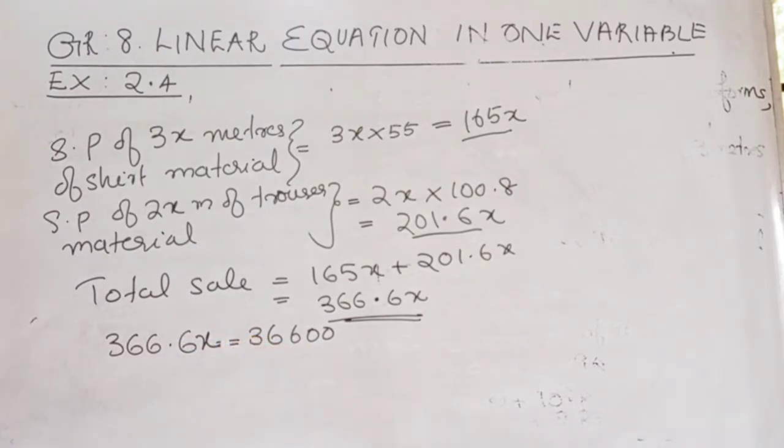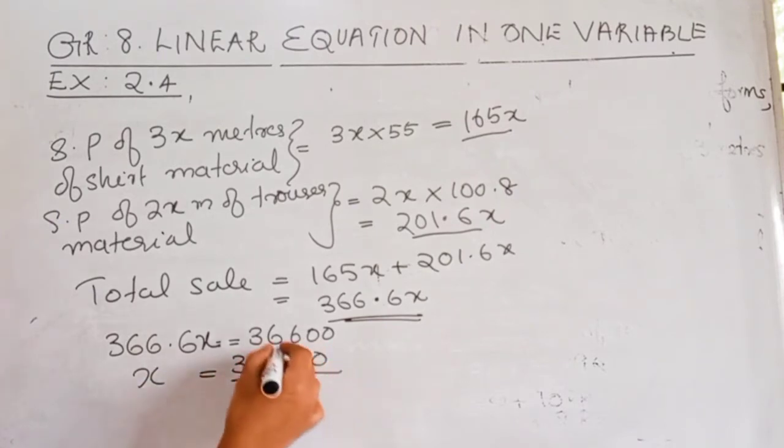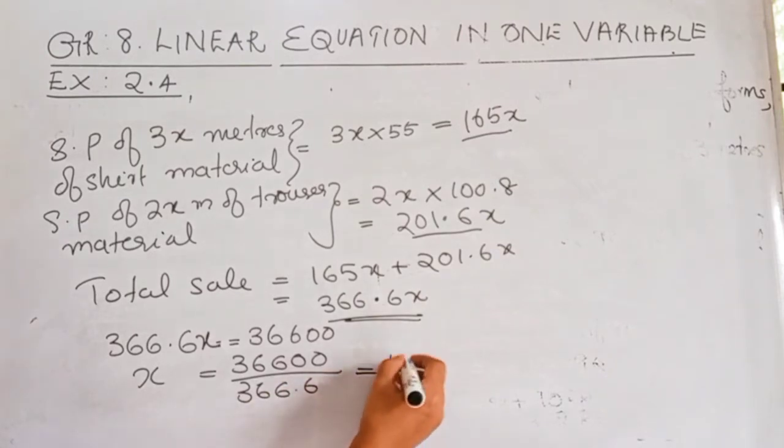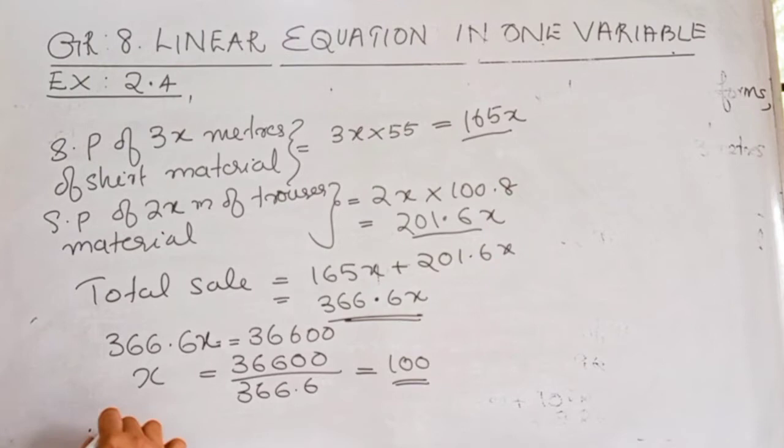So we can find x from this, which is equal to 36,600 divided by 366.6. So you will get the answer 100. Therefore, the question asks how much trouser material Hassan buys. So we can find Hassan buys 2x.